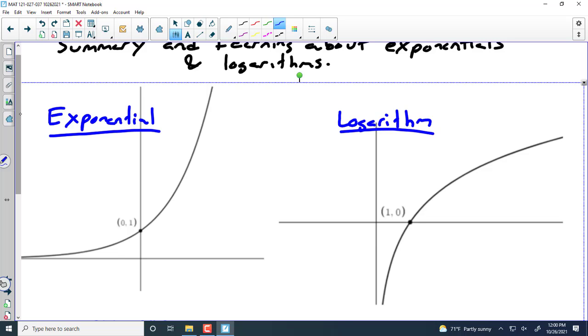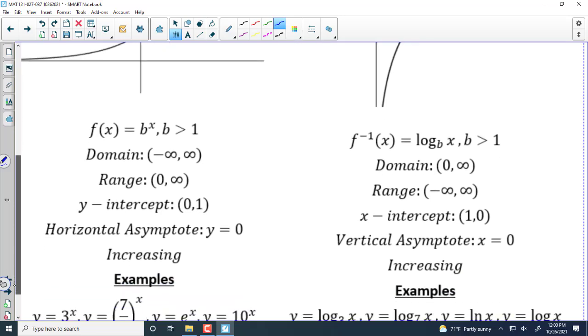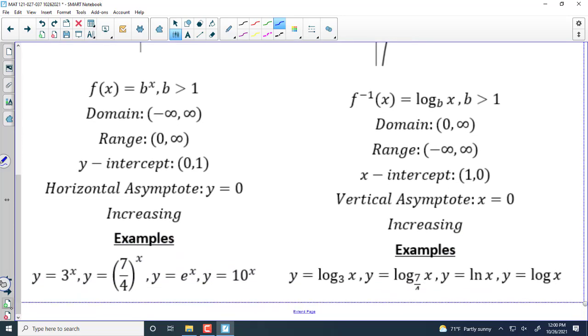This is what an exponential graph and a logarithm graph look like if you are talking about a base bigger than 1. If you have a base bigger than 1, your exponential looks different than it does if your base is between 0 and 1. If you have a logarithm with a base bigger than 1, it looks different than a logarithm with a base between 0 and 1.